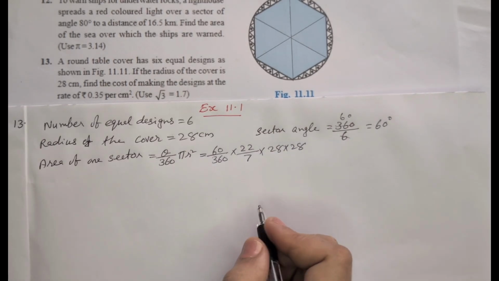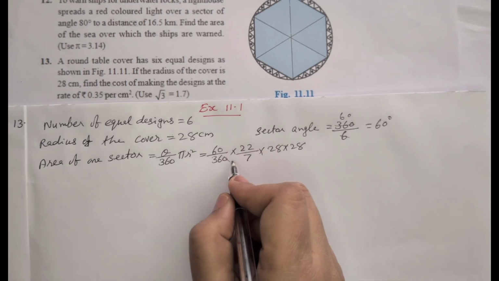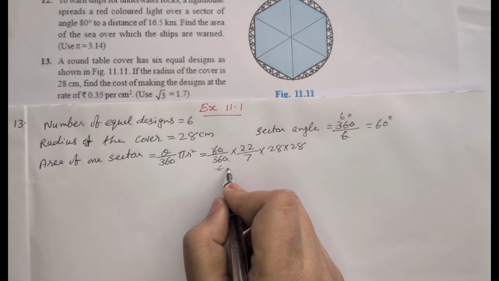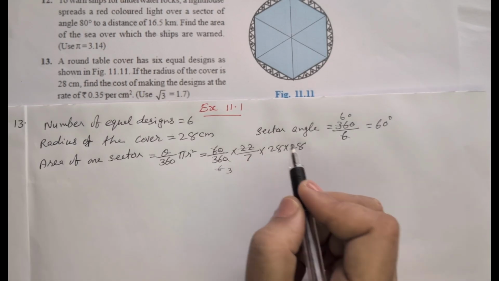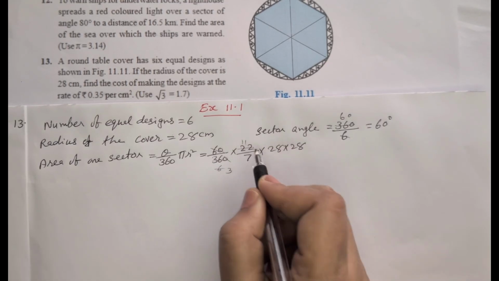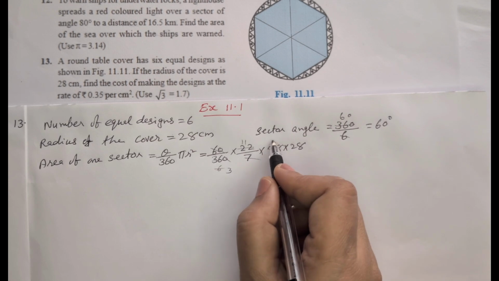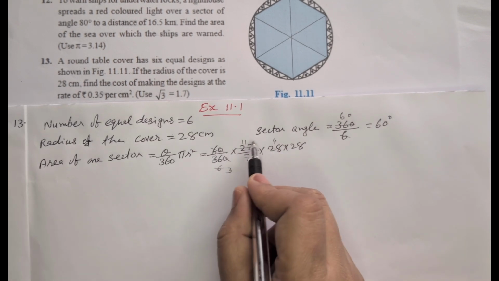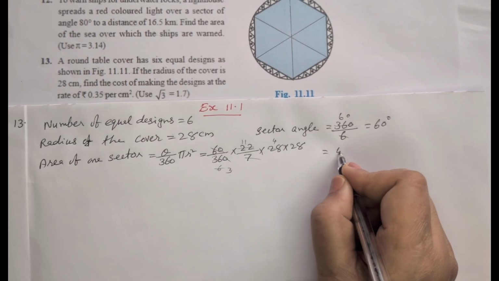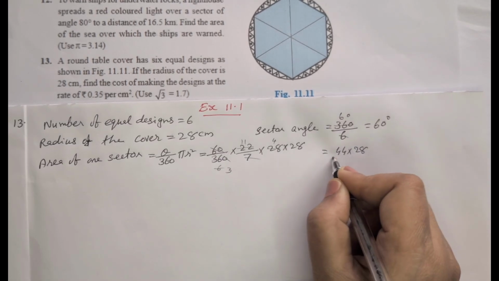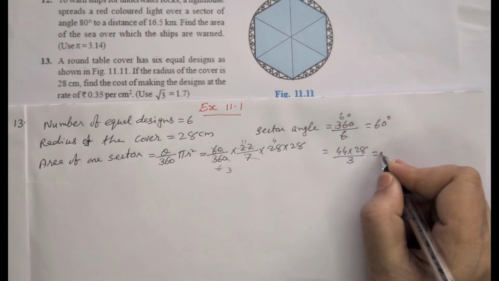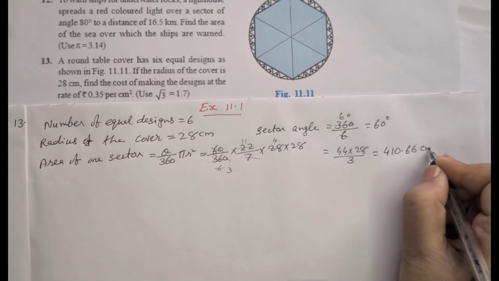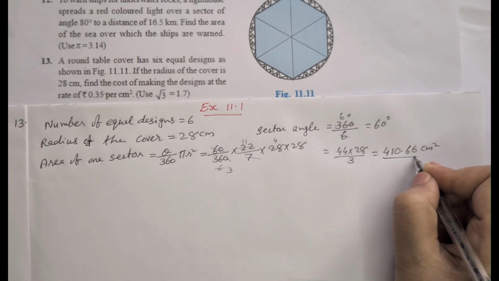When we simplify this, 6 divided by 2 is 3, 11, 7, 4. So we get 44, 11 into 4 is 44, 44 into 28 by 3, which is equal to 410.66 centimeter square. That is the area of one sector.